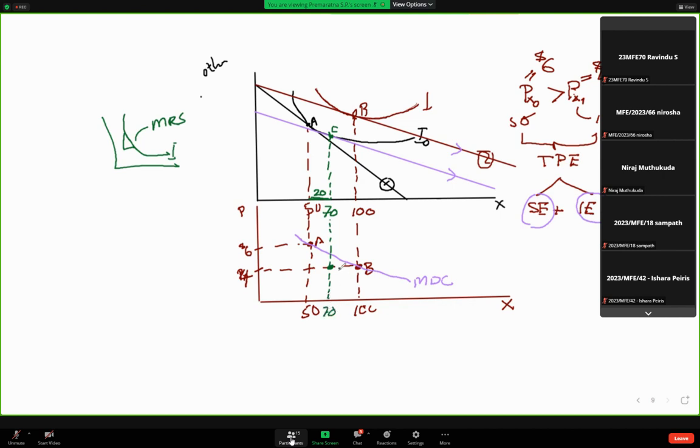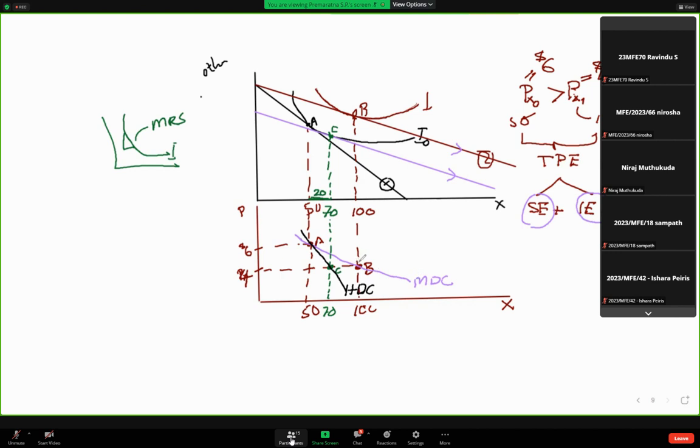The point C we can find here. To capture this substitution effect, if you draw a line here, that line we call the Hicksian demand curve. You can see it captures only the substitution effect. Now you can see the difference between the Hicksian and the Marshallian demand curve.